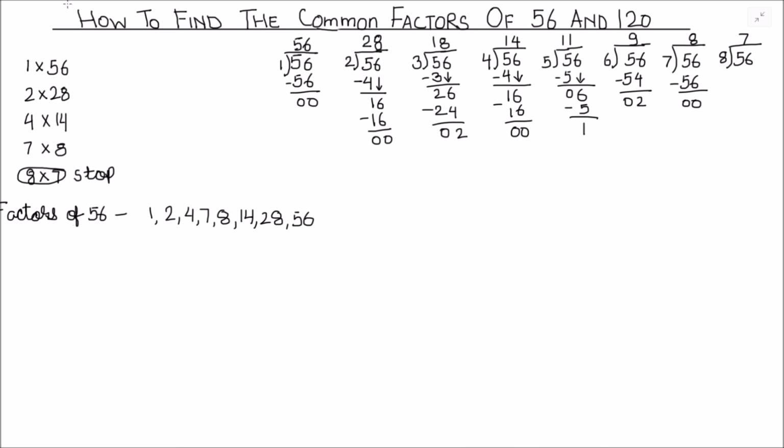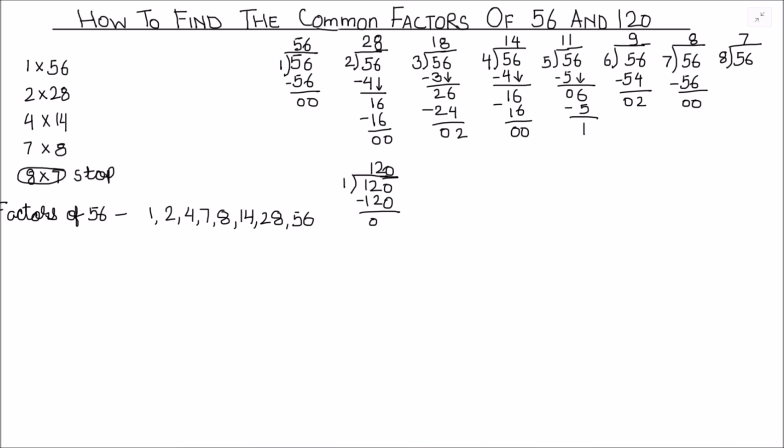Now let us find the factors of 120. For that too, we are going to repeat the same process and we'll divide 120 by different numbers starting with number 1. So 1 is a factor of all the numbers. So 120 divided by 1 is 120.